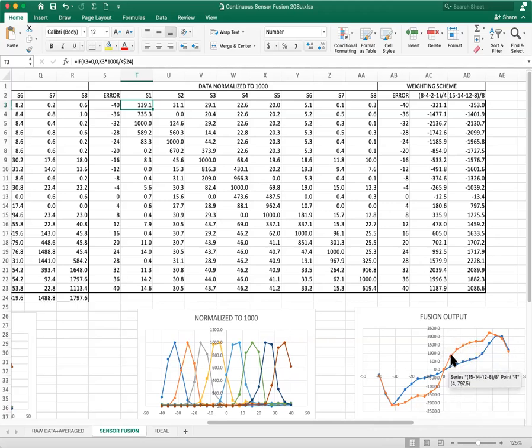But the blue one doesn't much care if you're off by a little bit or even a fair amount. It just doesn't care that much. The orange one, the 15, 14, 12, 8, really does care a lot, even with small errors. And so these are a couple of them.